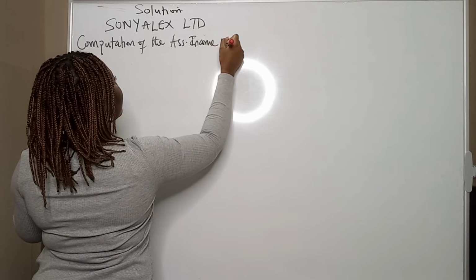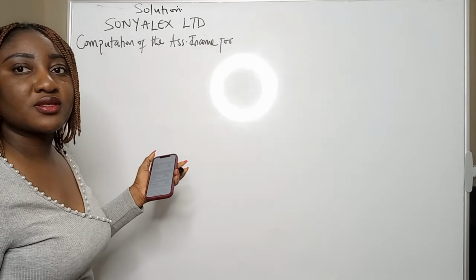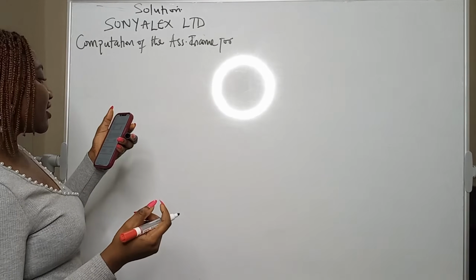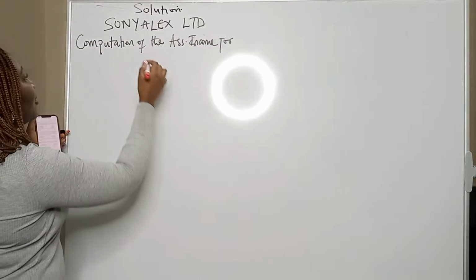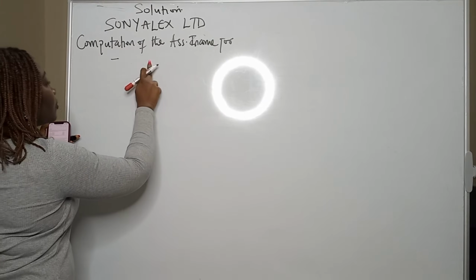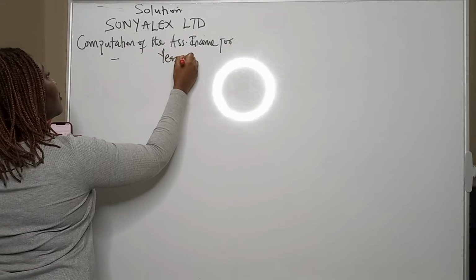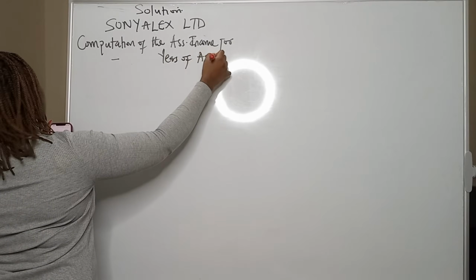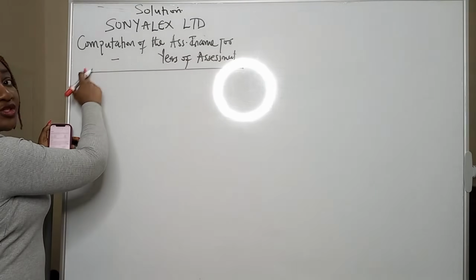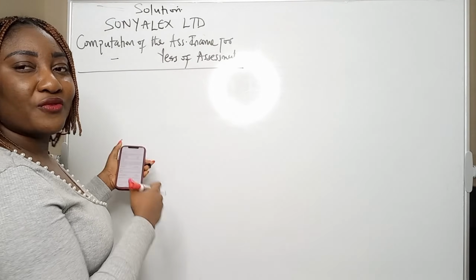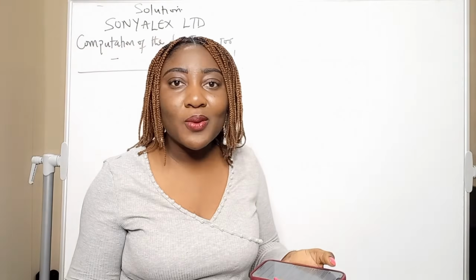Very important. For which year of assessment? You don't know yet. You will not be wasting time checking it. Just put that one later. Put a space here for whatever year of assessment, and underline it. But don't forget to put your years. You will put them after, because it's when we finish getting the basis period that we will know our years of assessment.